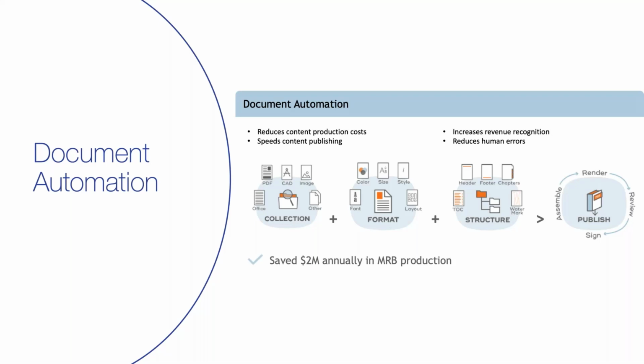There are no client-side components required for the solution, so no need to have MS Word sitting on the server. It also does not include an application server like Tomcat. It's very easy to install and configure, and once you've set up your document processes and your templates, it's ready to go.